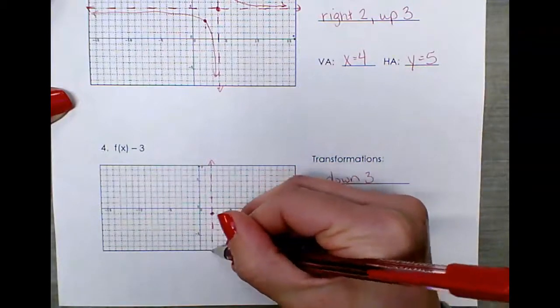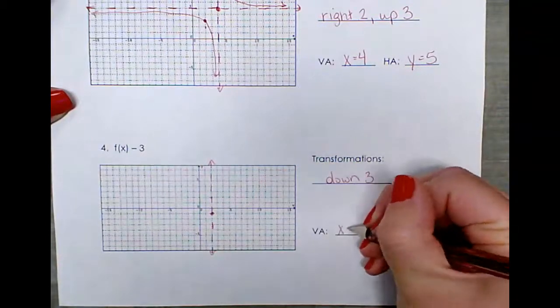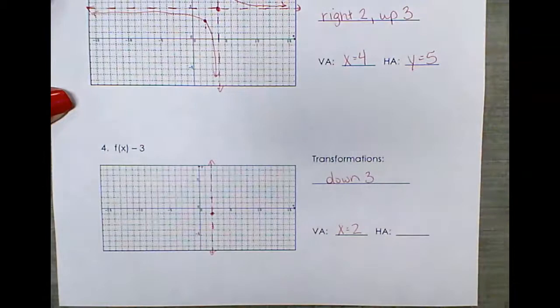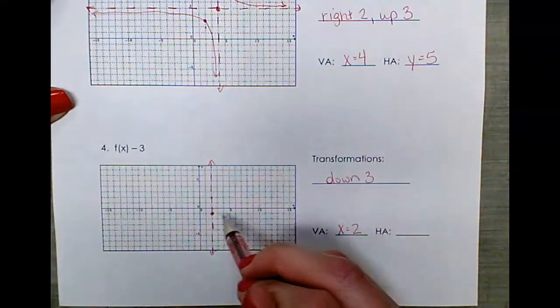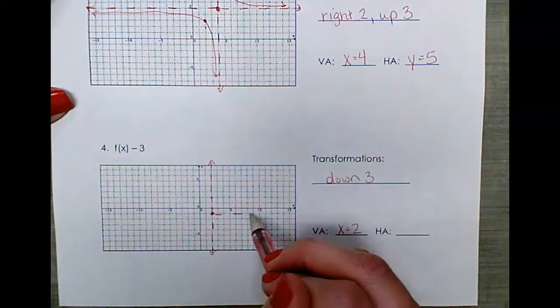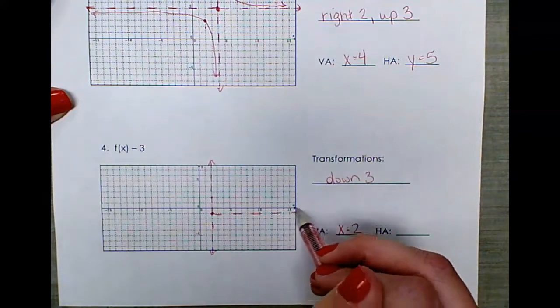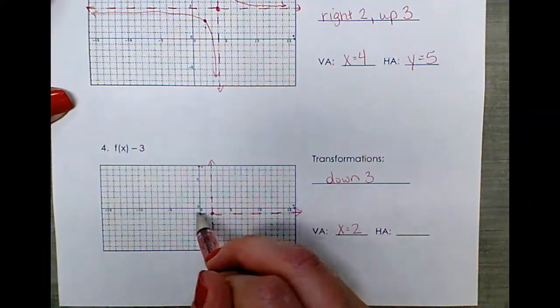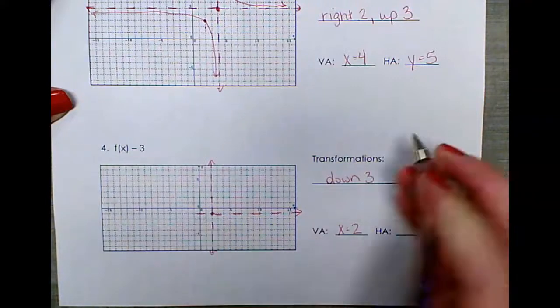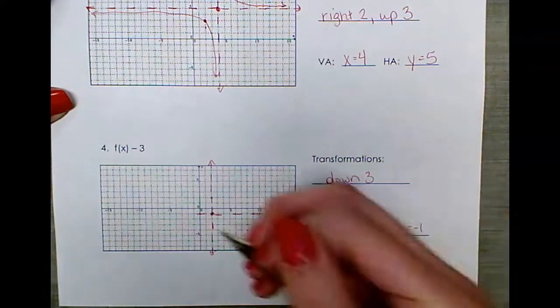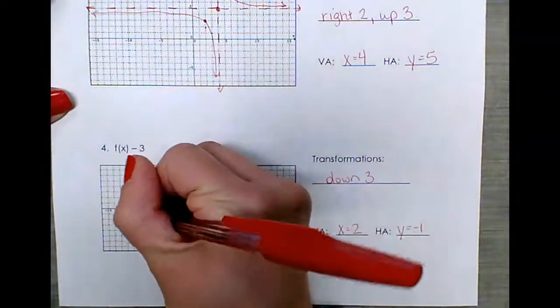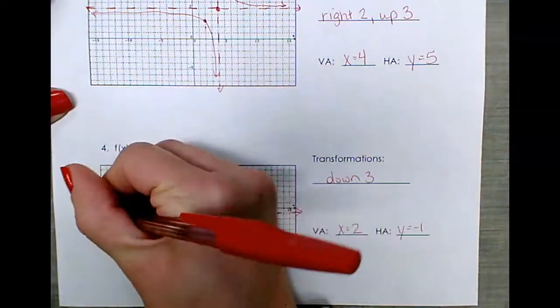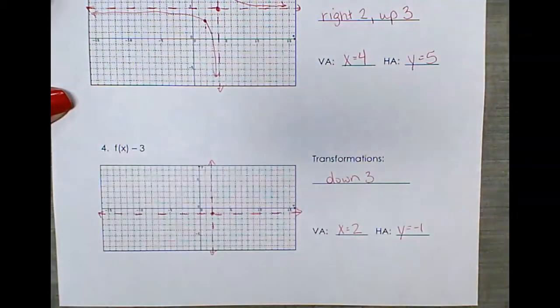So it's still x equals 2 like the original. But the horizontal asymptote has changed, so now it's here. It's been shifted down 3. So it's going through a y value of -1. So there's the asymptote position.